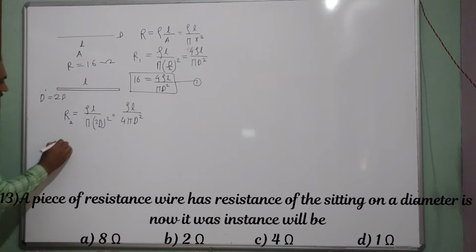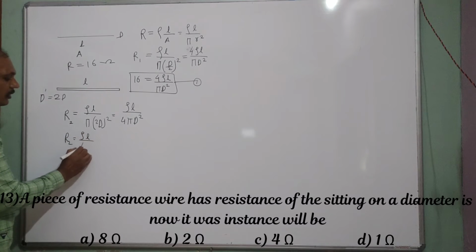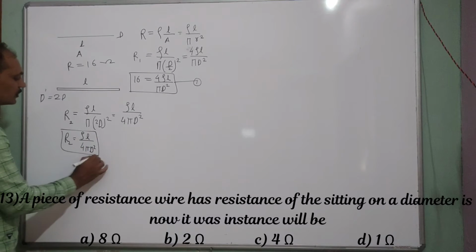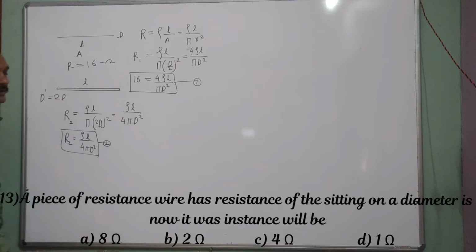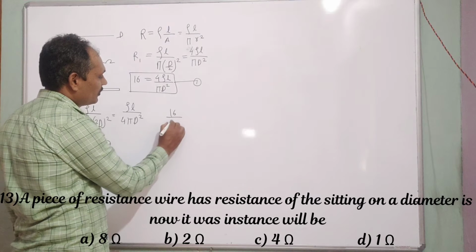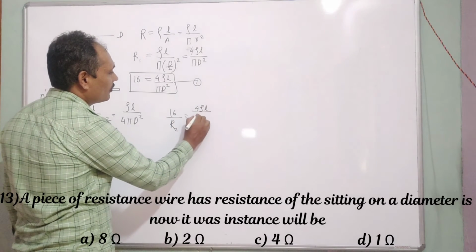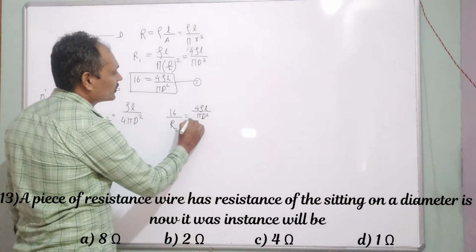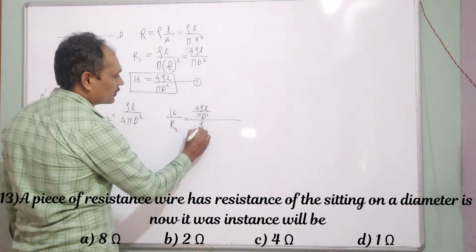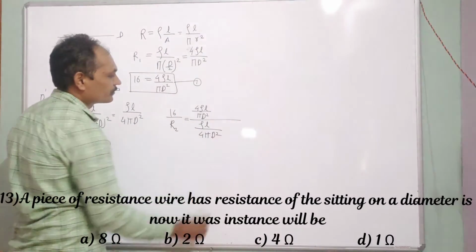Here R2 is equal to rho L upon 4 pi D square. Equation number 2. Taking the ratio of both equations, 16 upon R2 equals 4 rho L upon pi D square divided by rho L upon 4 pi D square.